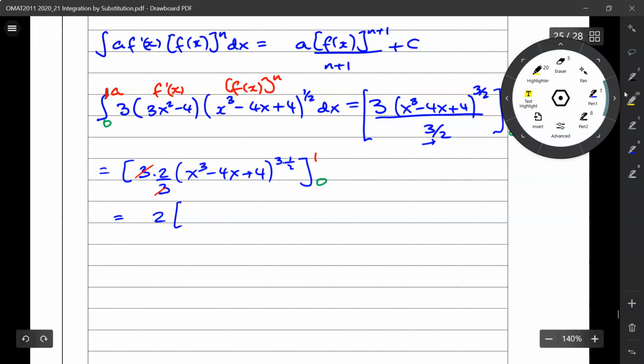And I open up a bracket and I open up a square root sign because we have the power of a half here. Then I have x cubed minus 4x plus 4, and I'm bringing that to the power of 3, which is the power I have here. That goes from 1 to 0. And then I'm able to put these values in.